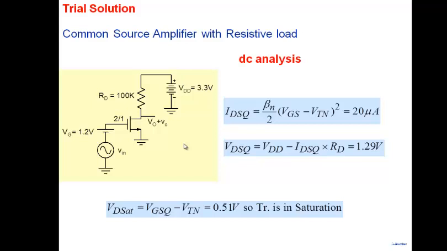This comparison is needed to ensure that my transistor is in saturation. We assume that transistor is in saturation region and use this particular equation. I need to check whether this is indeed true. So VDSQ is in fact greater than VD sat. So this is fine. My use of this equation is fine. So DC analysis is pretty straightforward. Not much to do here.